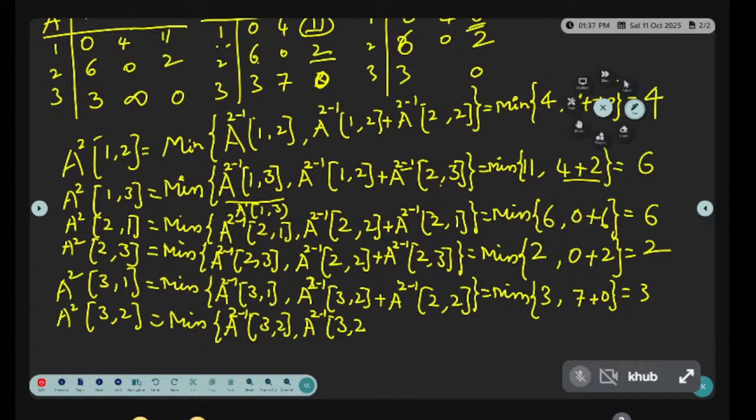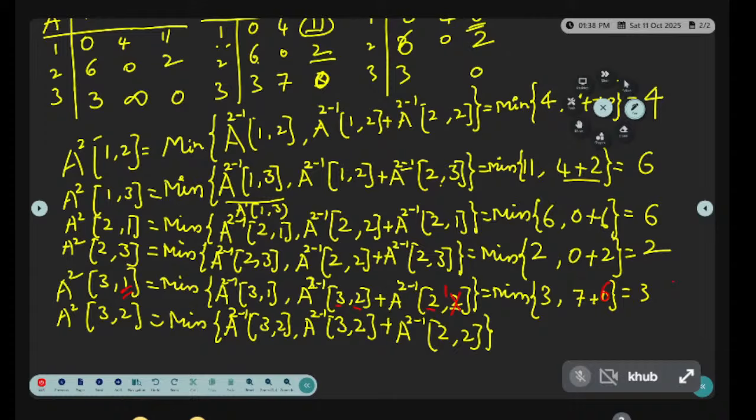3 comma k plus a power 2 minus 1 of k comma j. See here, what is this value here? This is i comma k, k comma j, j is here 1, so not 2, it is 1. 2 comma 1, what is it? A power 1 of 2 comma 1 is 6, this is 6, so 3 only.